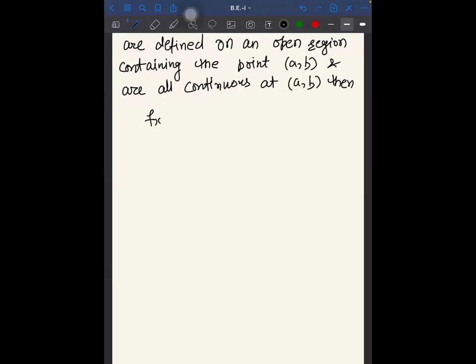Then fxy at (a, b) is equal to fyx at (a, b), right?